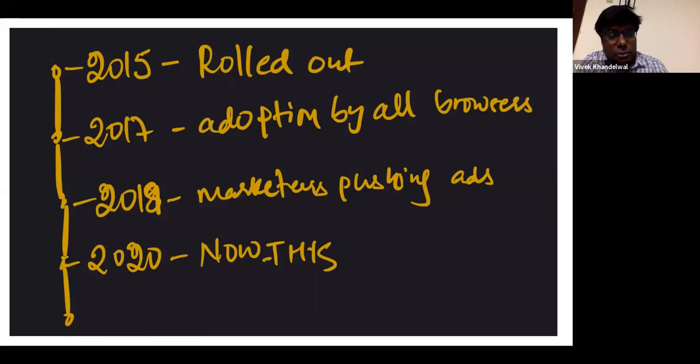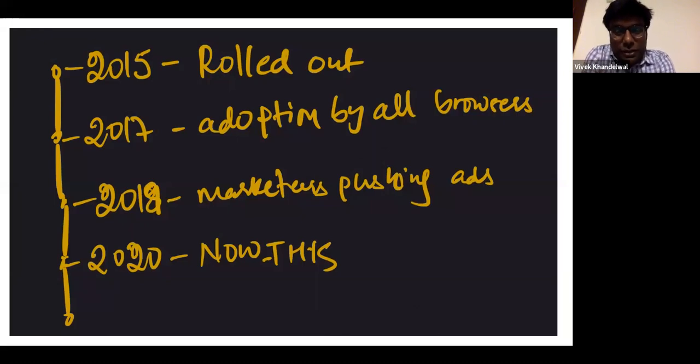We started Isojo in 2016, and we were one of the early adopters of the technology and converted it into a platform. At the same time, we also saw adoption by almost all the leading browsers. I think by 2018, pretty much Chrome, Firefox, Safari, Edge, Opera, every single leading browser was supporting push notifications, right? At the same time, marketers got greedy, and they did what they do best, which is when they see an empty space, they put an ad on it, right? And that is exactly what happened.